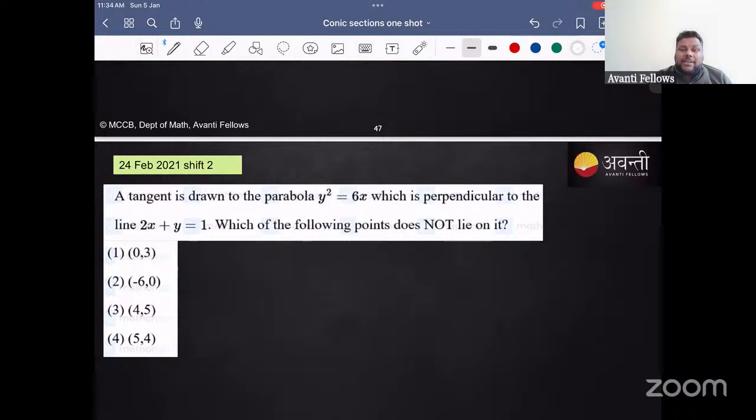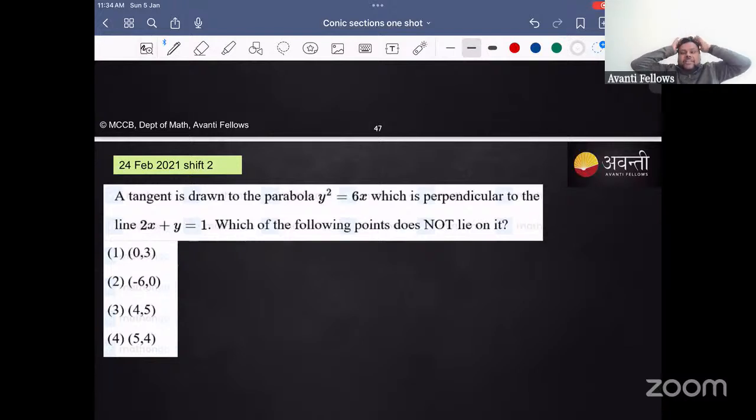So once you attempt, mark your answer in this poll section. Give it a try quickly.